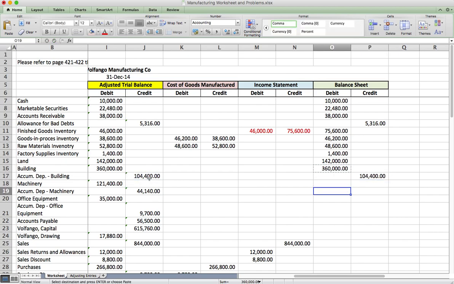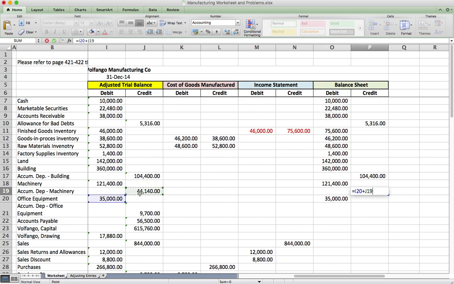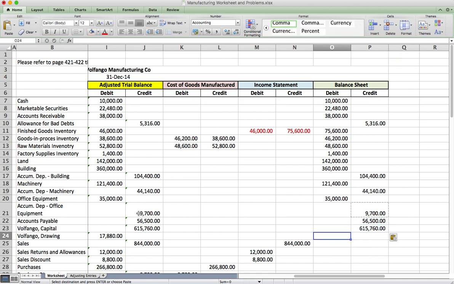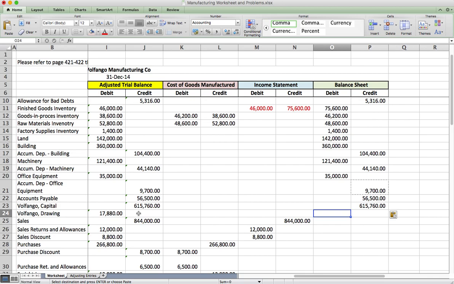Machinery, 121,400. Office equipment, 35,000. And then, accumulated depreciation machinery. And then, accumulated depreciation equipment. And accounts payable. And then, capital. And then, drawing.